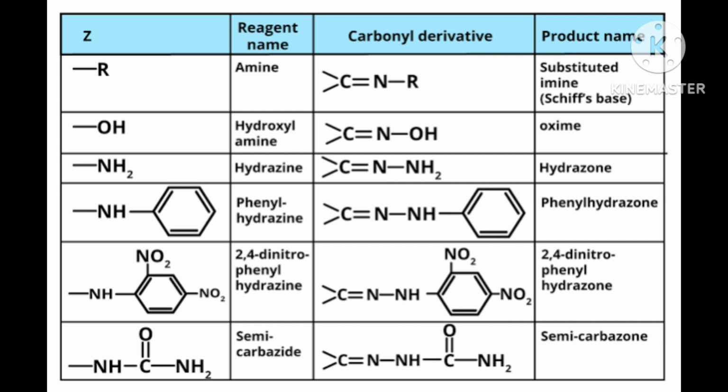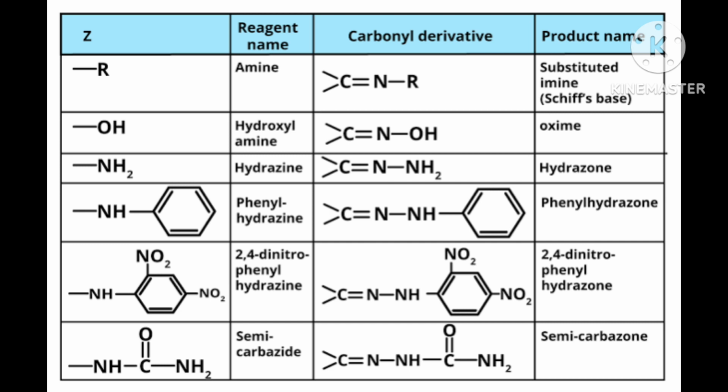But with N, in the case of ammonia one H is there, or in the case of a derivative, Z is there, then NZ will be there. Z may be an alkyl group, aryl group, OH group, NH2 group, correct? C6H5NH group, NHCONH2, Z may be like this, okay?